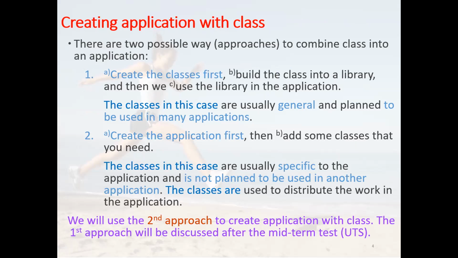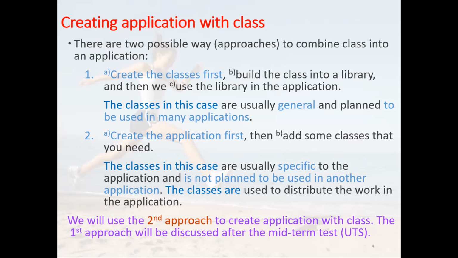There are two ways of creating a class. First, we create a class with the focus that it will be used by many applications. For example, we create a circle class designed to be used by any other application, not just ours, and we make it public so other people can use it.